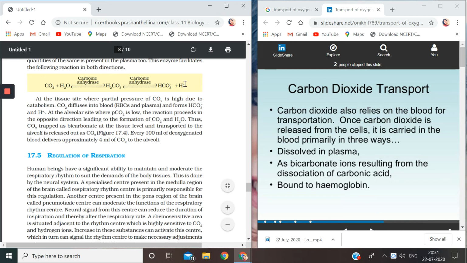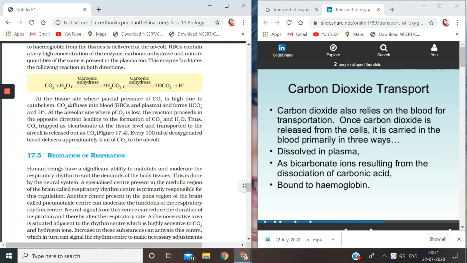When the reaction moves from this direction to this, what are we getting? The products we are getting are carbon dioxide and water. Because this is being done in the alveoli, this carbon dioxide and water will move out from the alveoli to the bronchi through the trachea to the outside.